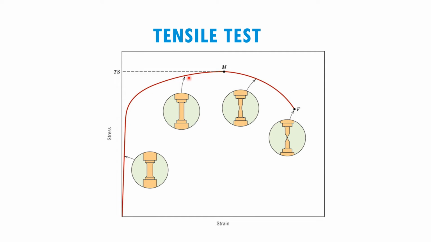When we are in the strain hardening region and reach the ultimate point, it will start to neck. You will see this part appear, and then it will fracture.